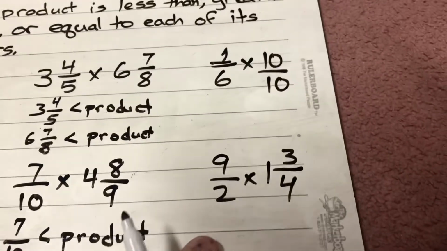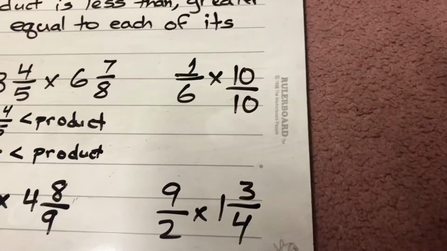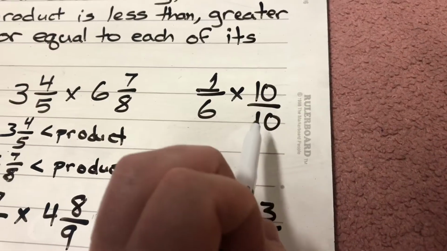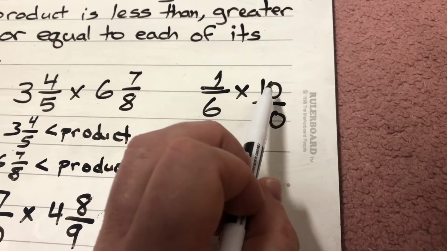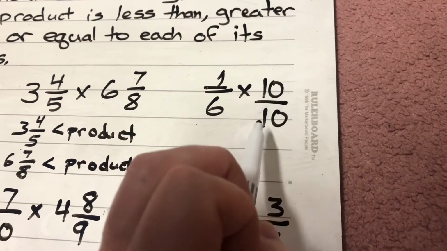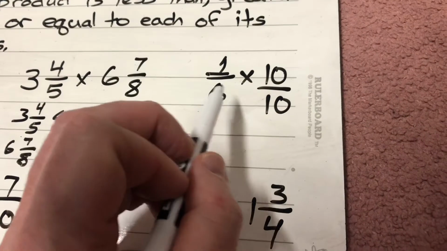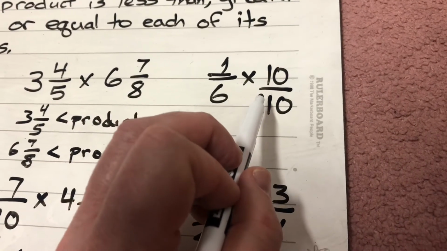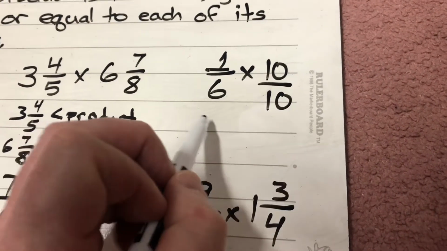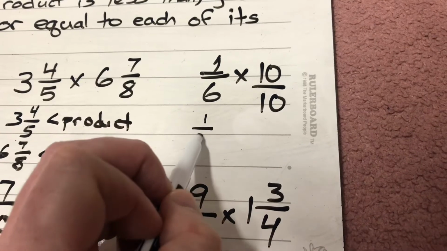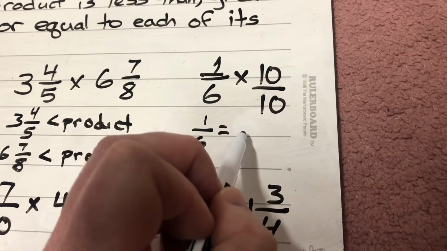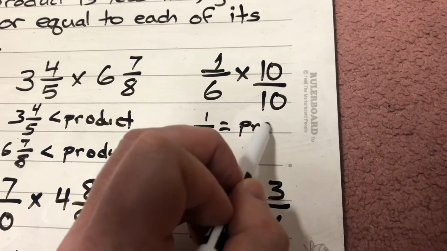All right, the last couple, 1/6 times 10/10. Well, one of the first things you want to remember is that anytime the numerator and the denominator are the same number, this fraction is equivalent to 1. So it basically means I'm taking 1/6 and I'm multiplying it by 1. Well, that means then that 1/6 is going to be equal to the product.